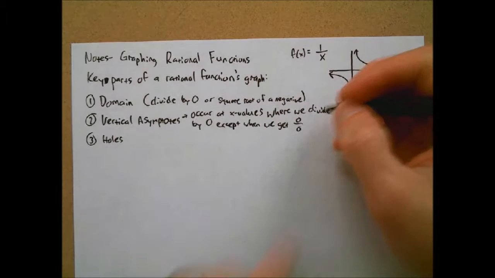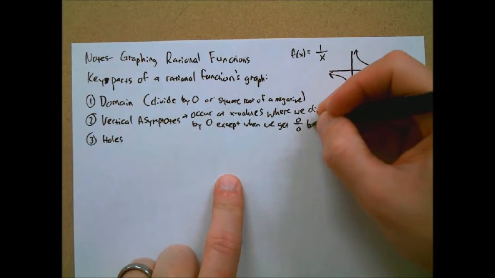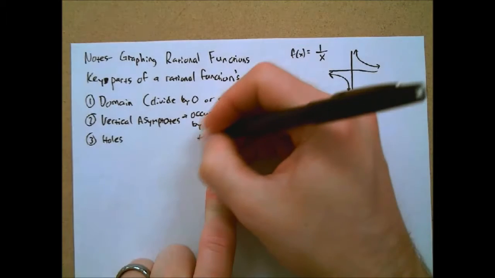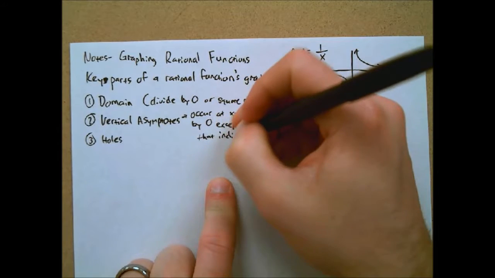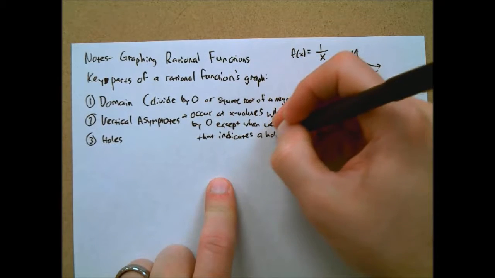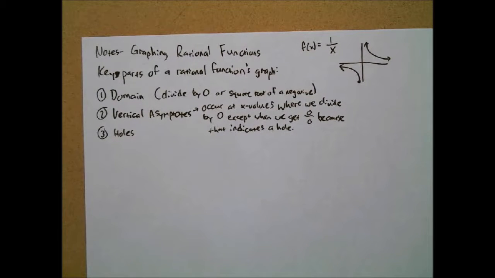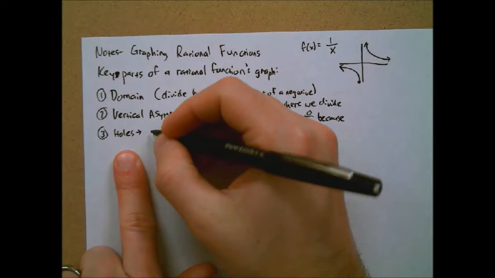And in this case, if we happen to have an x value that gives us 0 over 0, that indicates a hole. So holes occur where our function is 0 over 0.